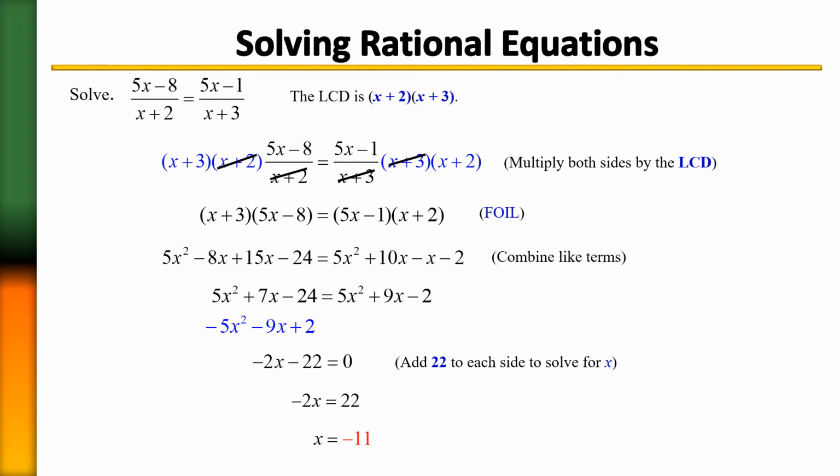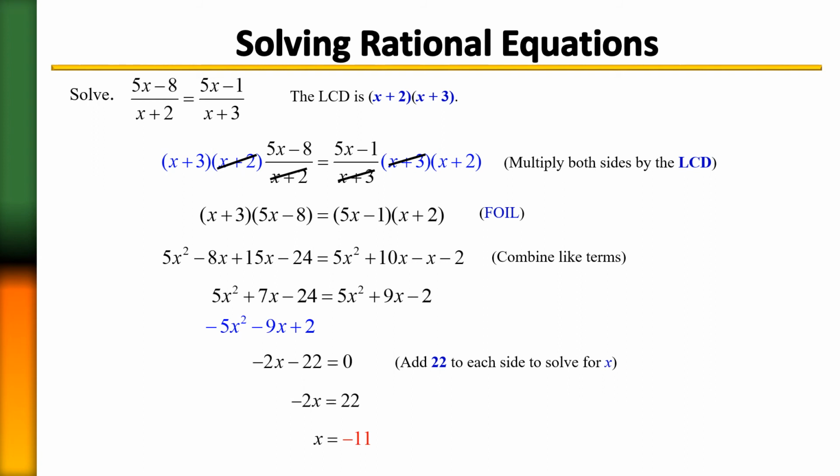Once you get your solution, you must always go back up to your original equation and glance at the denominators. And just imagine plugging in your solution where x is in the bottom to see if, when you plug your solution in, does it make your expression undefined?